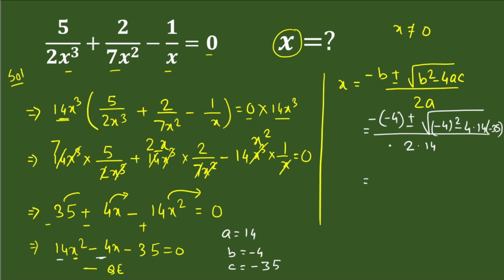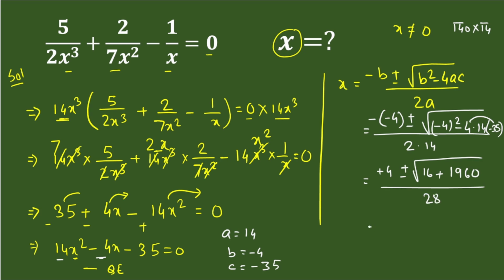Negative negative is positive, so positive 4 plus minus square root. Negative 4 square is 16, and negative and negative will be positive. Now 4 multiplied by 35 is 140, multiplied by 14. 140 times 14 is 1960, and that's over 2 multiplied by 14, that is 28.